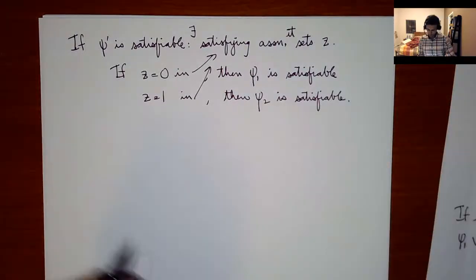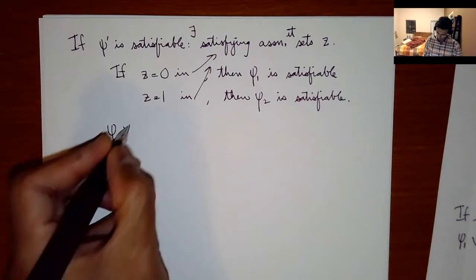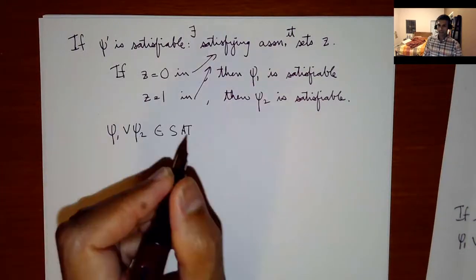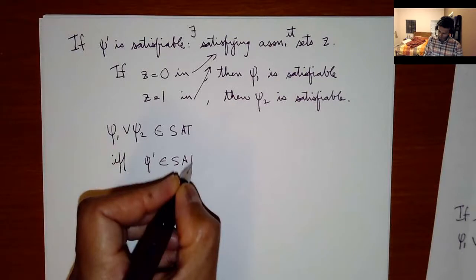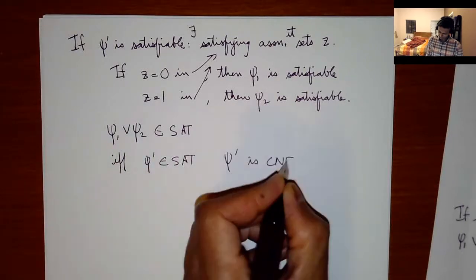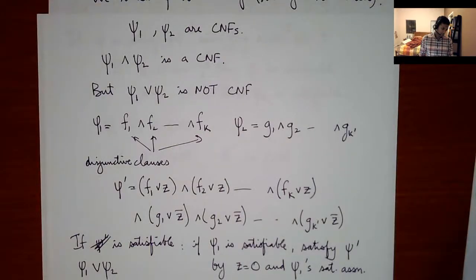Right, so this is just saying that C1 or C2 is satisfiable if and only if C prime is in SAT, and C prime is clearly a CNF. Questions? Does this make sense?